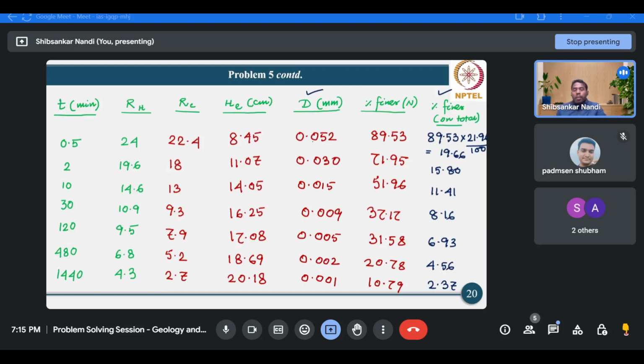As you can see from the hydrometer reading data, it's quite obvious that the coarser particle will settle faster as compared to the finer particle. So 0.05 is comparatively coarser than 0.001.